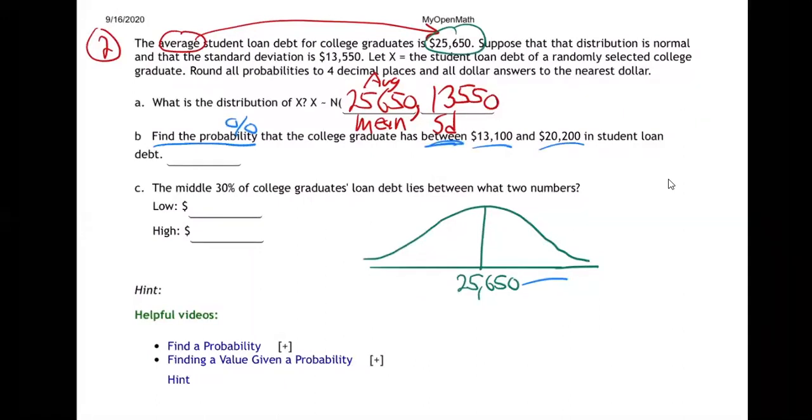So it doesn't matter exactly where you put them, but it is important that you know it's somewhere to the left. It's a chunk of the curve to the left, between 13,100 and 20,200. And they want between. Do you see why I shaded in the middle? Because they said between, so I shaded between.